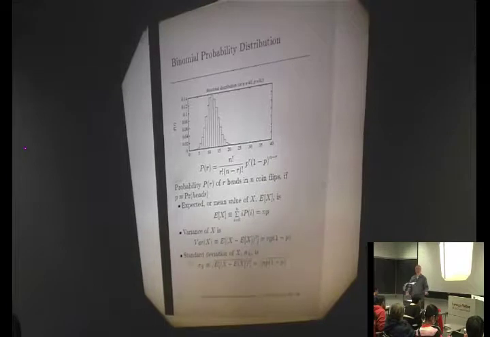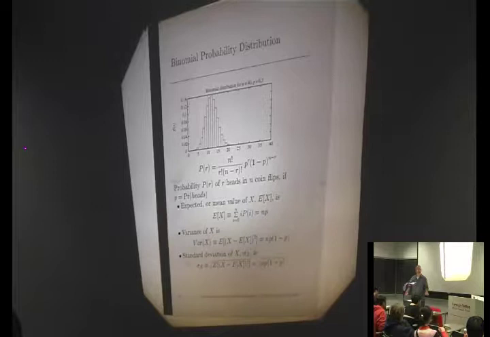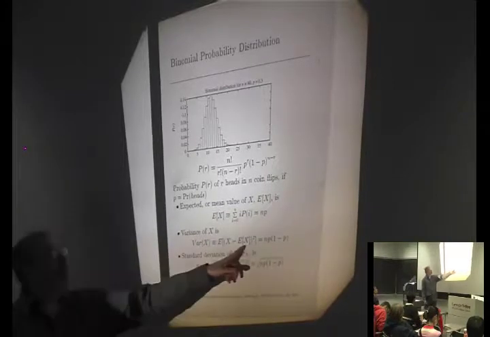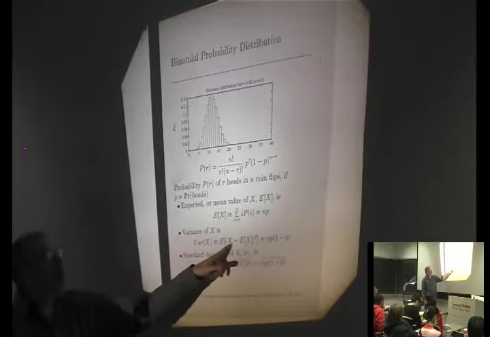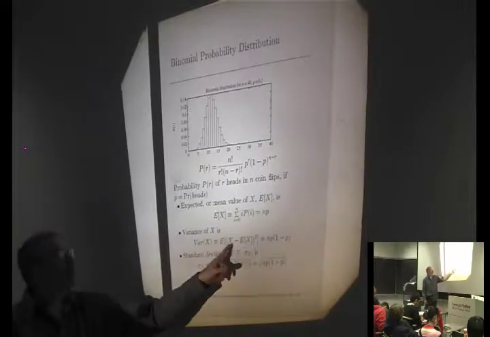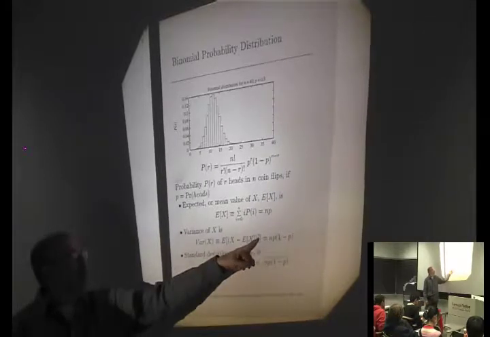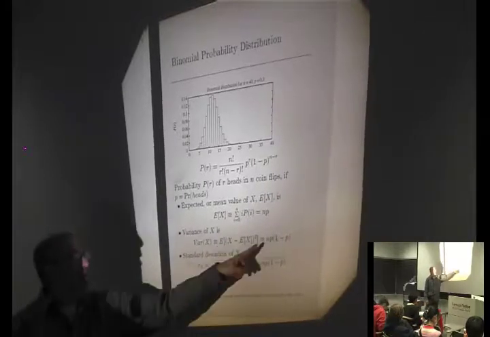Namely, if you toss the coin 100 times and it has probability 0.37, then the expected number of heads you see is 37. And the variance, if you remember how it's defined, is the expected value of the squared deviation between the actual value and the expected value. So here's the actual value, here's the expected value, here's the square of the difference. The expected value of that is n times p times (1 minus p).